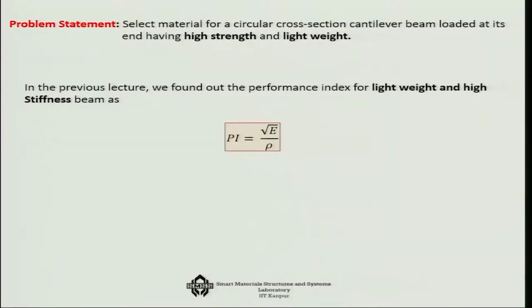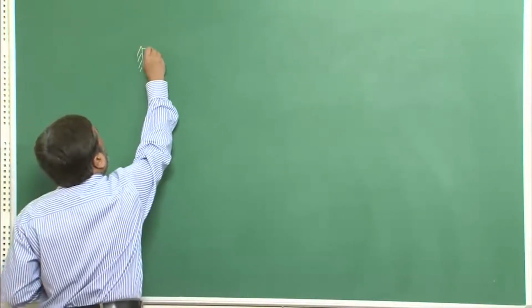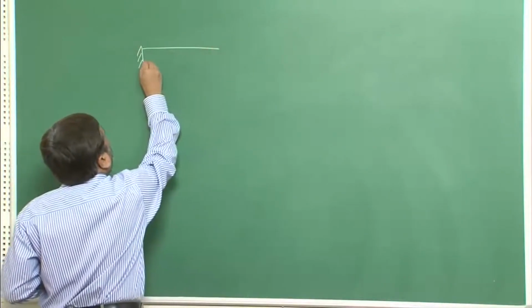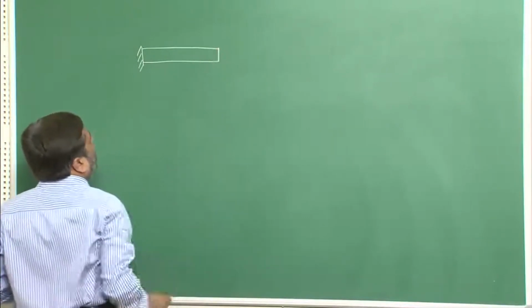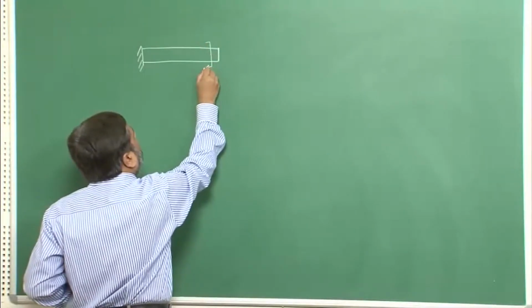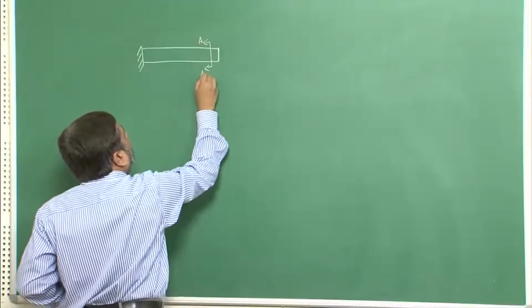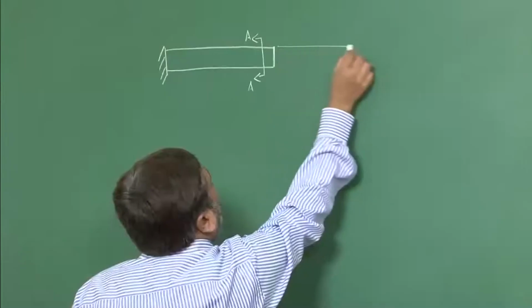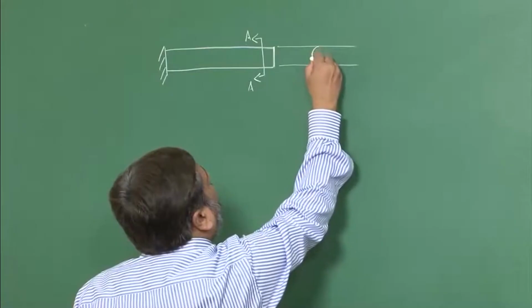So, here we are again with a cantilever beam. Let us consider that the beam has a uniform cross section, and if I cut any section in the beam, I will find that it is circular in nature.